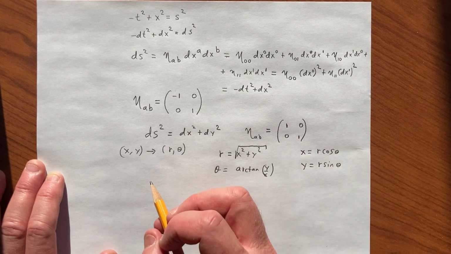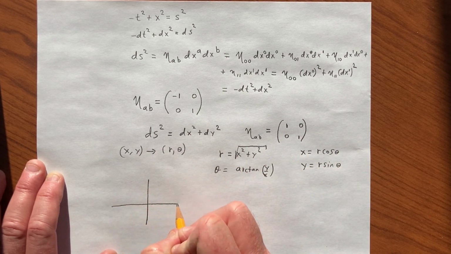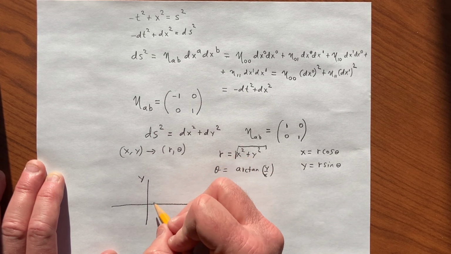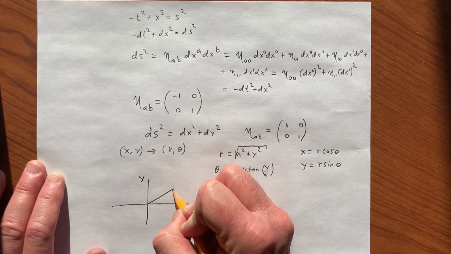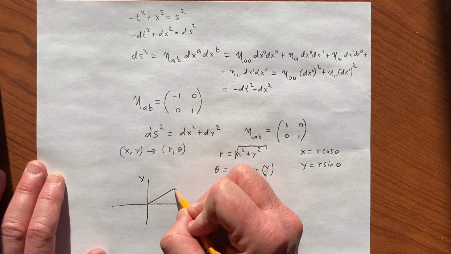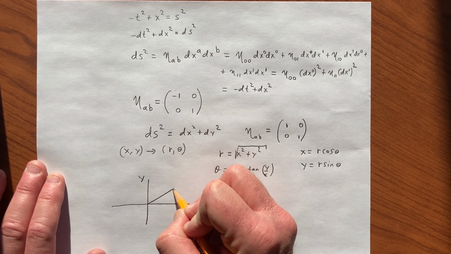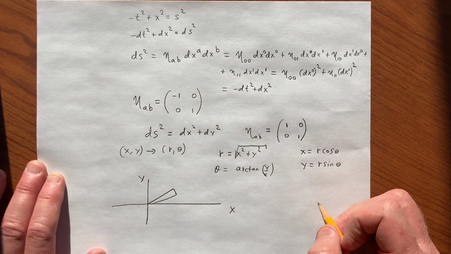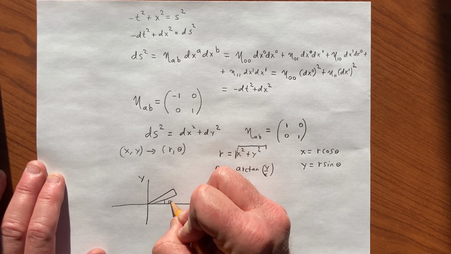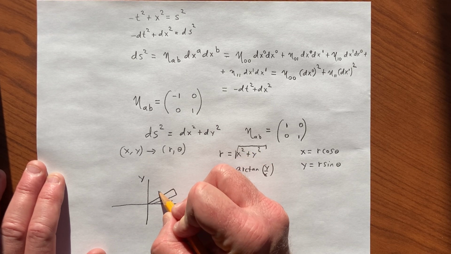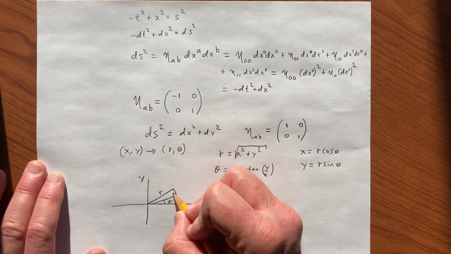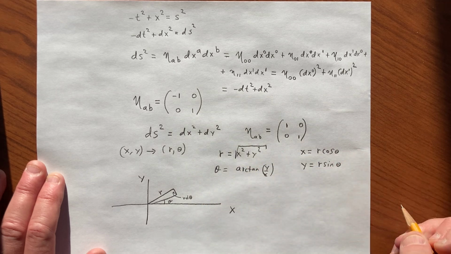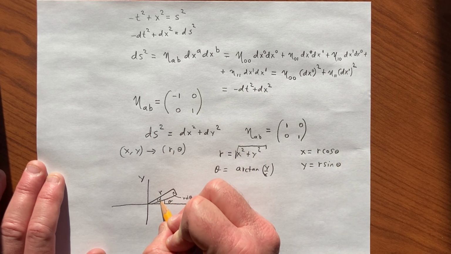And if we make a little drawing of this x and y, we are considering some point, and so this is an angle theta. Say this is r. This here is r d theta.